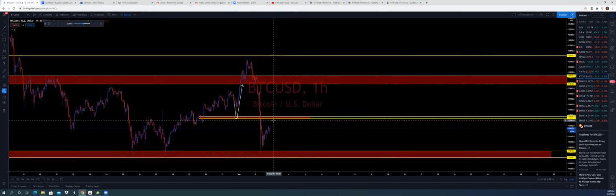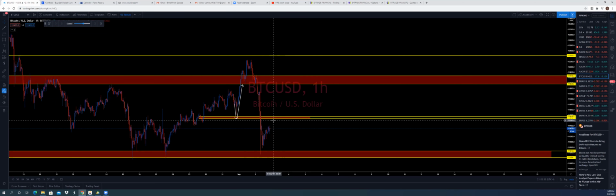Looks like it don't want to push up above there. So we're gonna see if we can get silver to come back down here and retest this structure right here. This structure is acting like another structure similar to the structure for Bitcoin.